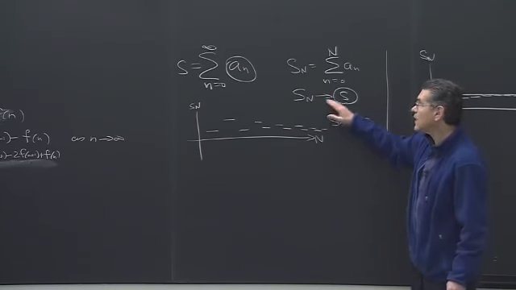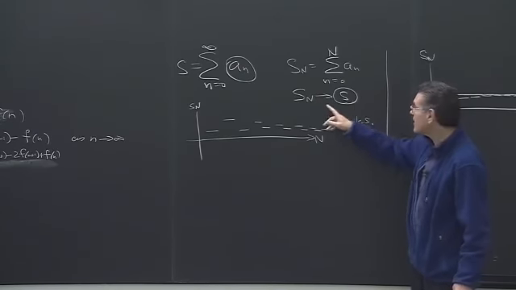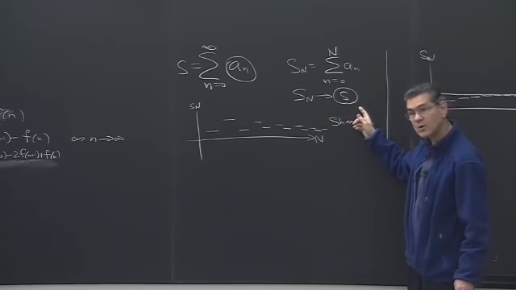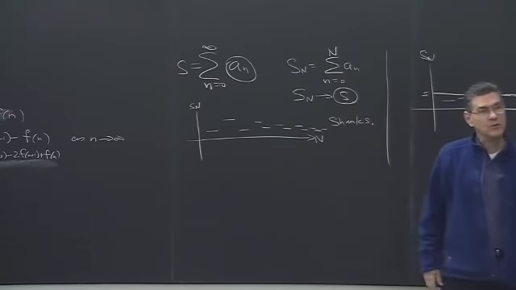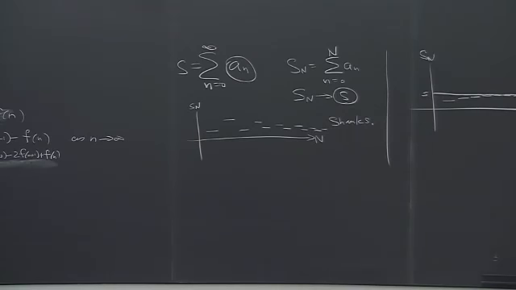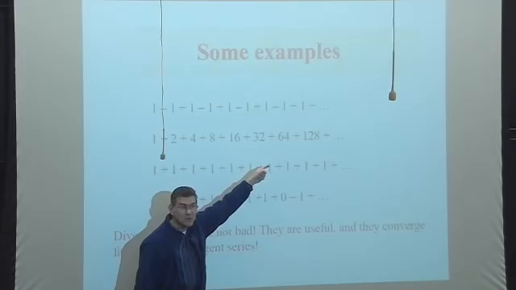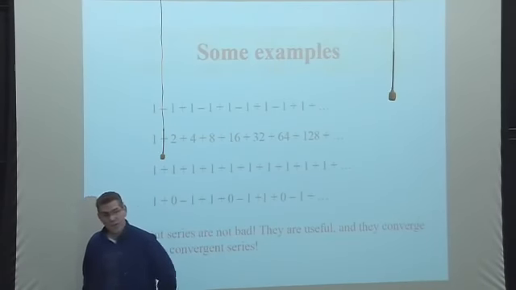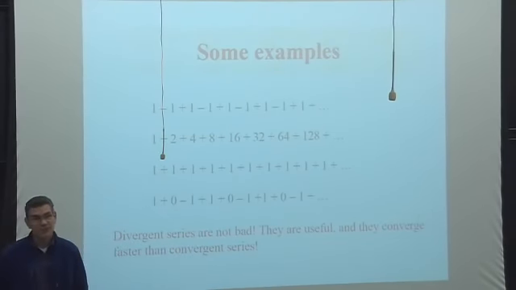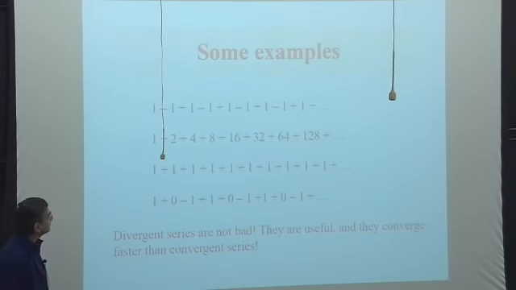So we know what a convergent series is, and if the partial sums do not converge, then it's a divergent series. The partial sums of this series here are 1, 0, 1, 0, 1, 0, 1, 0, and that sequence obviously does not converge. So that's a divergent series.